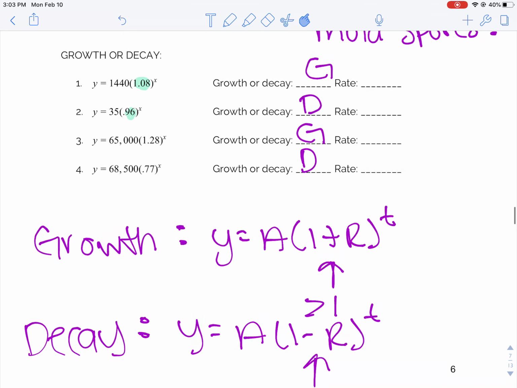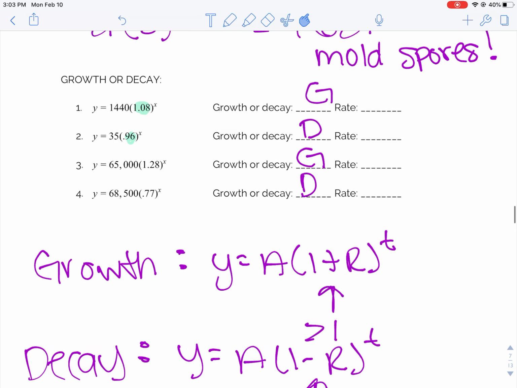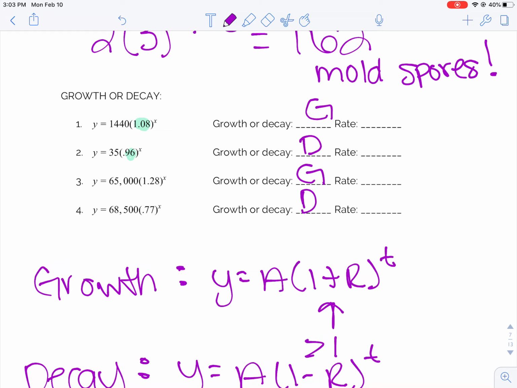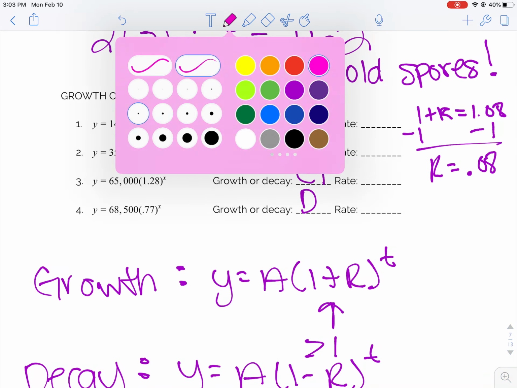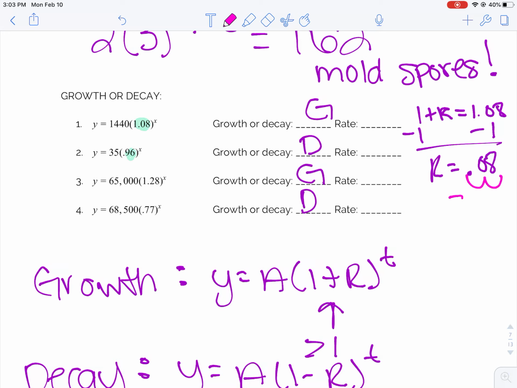Now to figure out what the actual rate is, you know that 1 plus my rate equals 1.08. So really you could just subtract 1 from both sides and you get that your rate is 0.08. Remember, this is as a decimal. So to get the rate as a percentage, you move your decimal place 2 to the right, and I get 8. So that would be 8%.